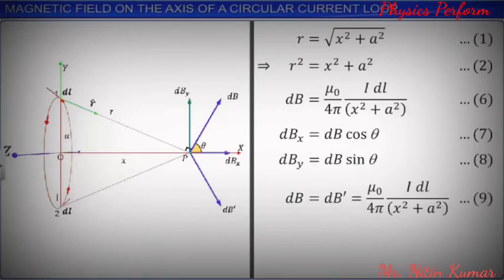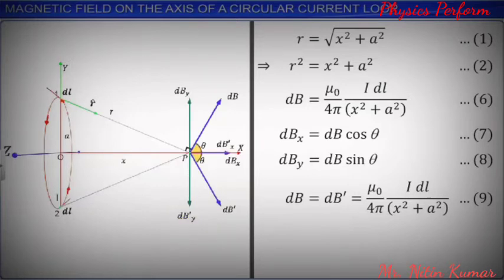The direction of dB dash is such that it makes an angle theta with the x-axis. This is due to the symmetry of the circular loop. The magnetic induction dB dash can also be resolved into its horizontal and vertical components, dB dash x and dB dash y, as shown.